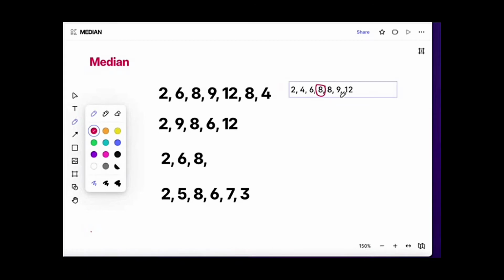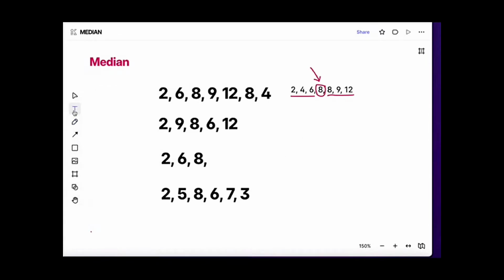And we know that because we've got the same amount of numbers to the right and the same amount of numbers to the left, which means that 8 is the median because it's right in the middle in our data set.